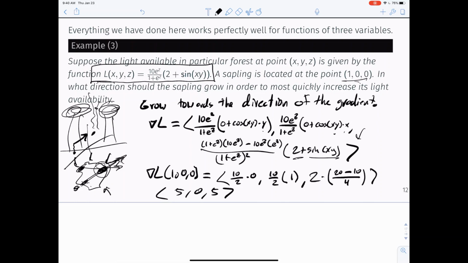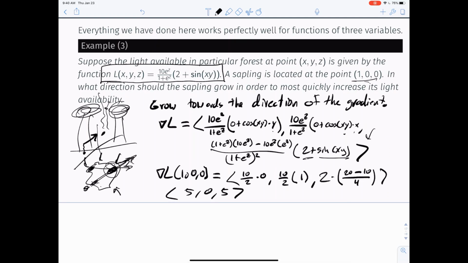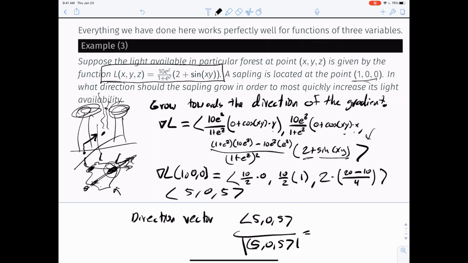To make that a direction vector, we need to take the vector (5, 0, 5) and divide by its length. The length of (5, 0, 5) is the square root of 25 plus 25, which is the square root of 50, which is 5 root 2. So 5 over 5 root 2 is 1 over root 2: (1 over root 2, 0, 1 over root 2).